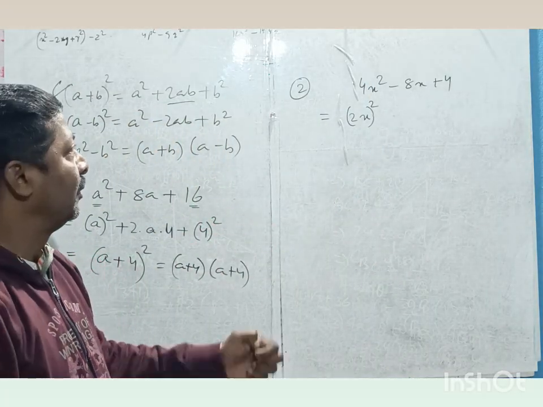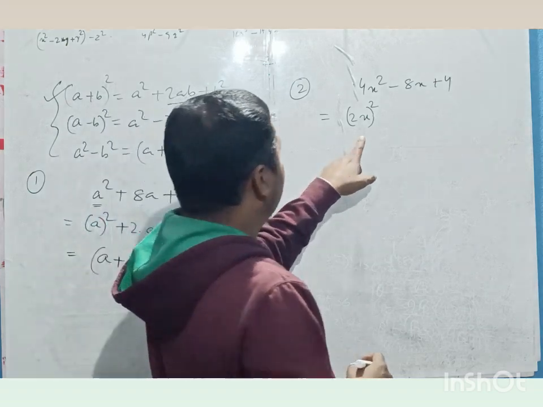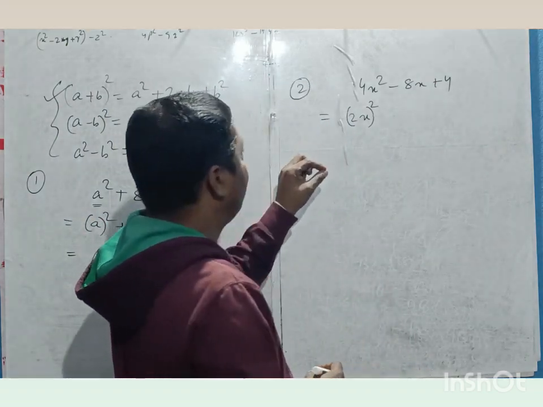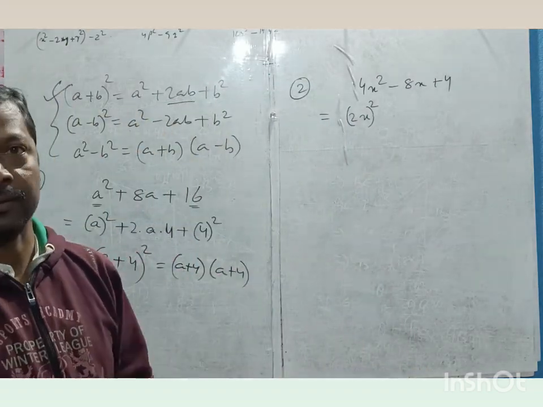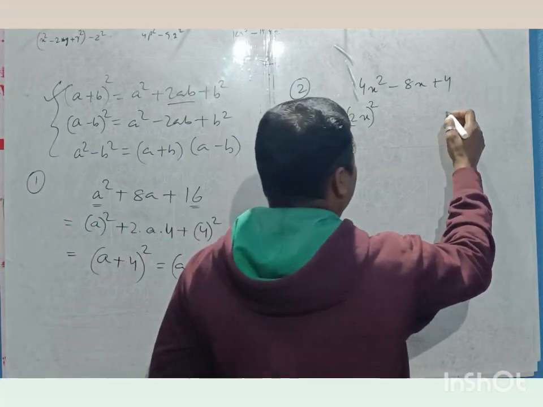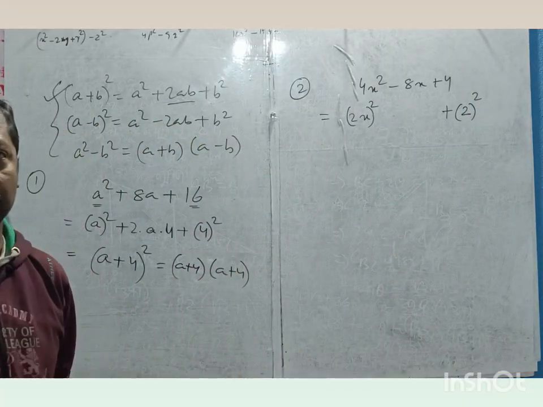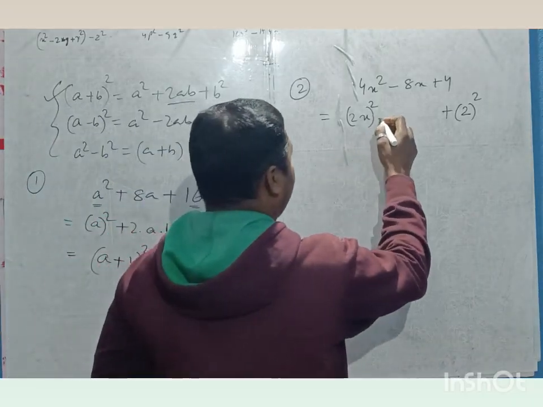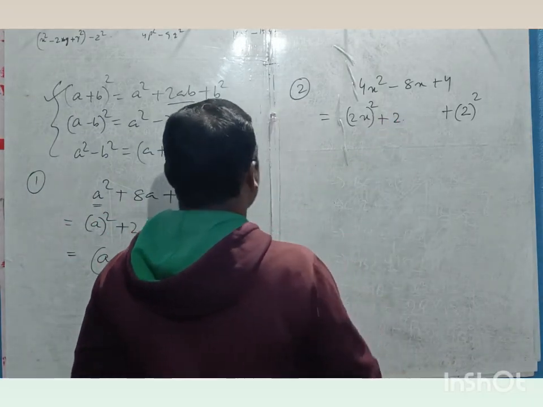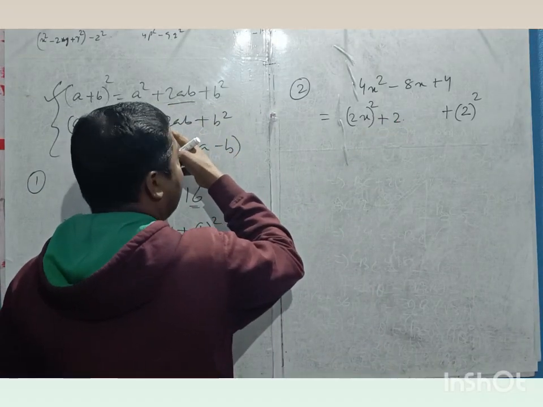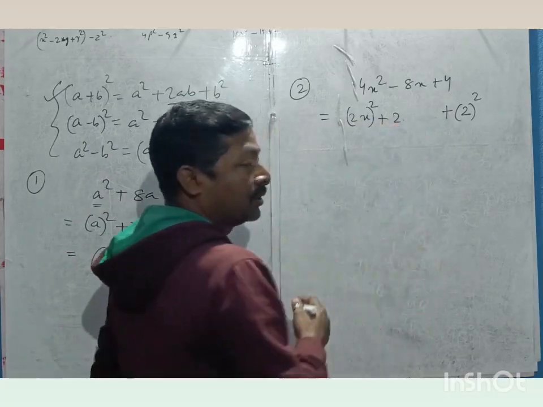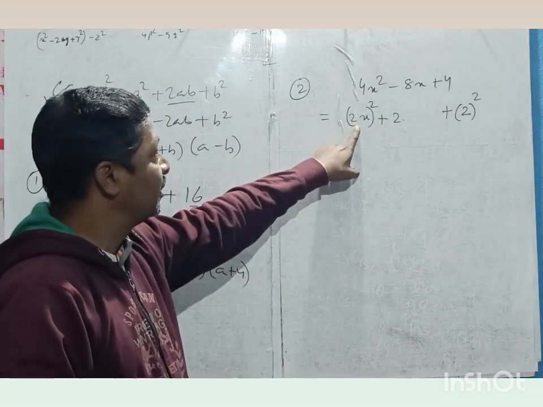So you have to calculate which term you will put inside the bracket. Okay, now let's do the b square. Now we will check whether it will be 2ab or not. According to the identity, a is how much? a is 2x and b is 2.